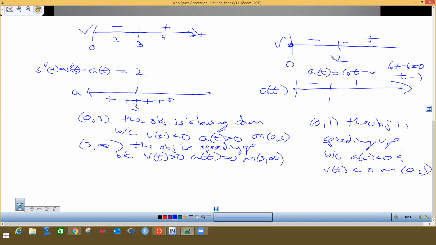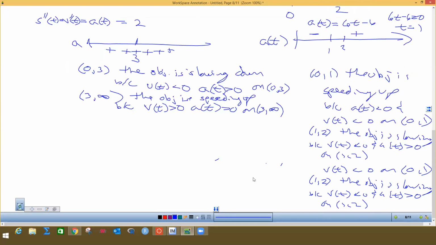And then if you look here, once you get here, it's negative up to 2, but from 1 to 2, it's still positive on the acceleration side. So that means from 1 to 2, the object is slowing down. I'm just going to put slowing because v of t, that's the top one, is less than 0, and a of t is greater than 0 on that interval from 1 to 2.